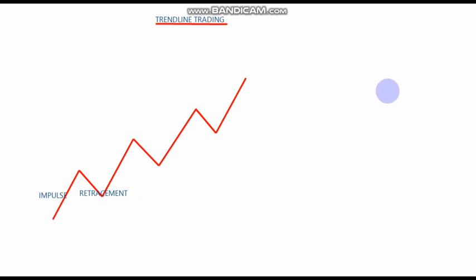Now, if you want to draw a trend line, you look for the best touches. Like I said, it doesn't need to touch everything. This is the first touch, second touch, third touch. Now for the upside, another touch, another touch.